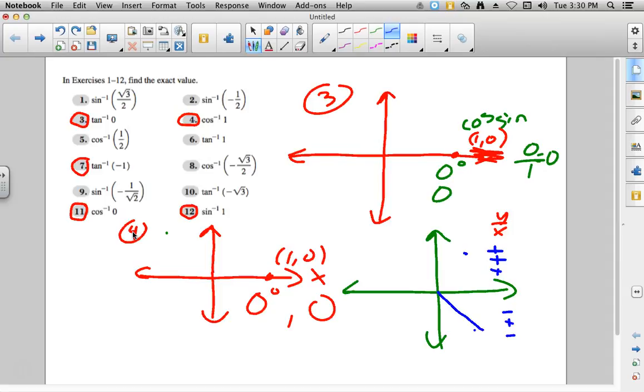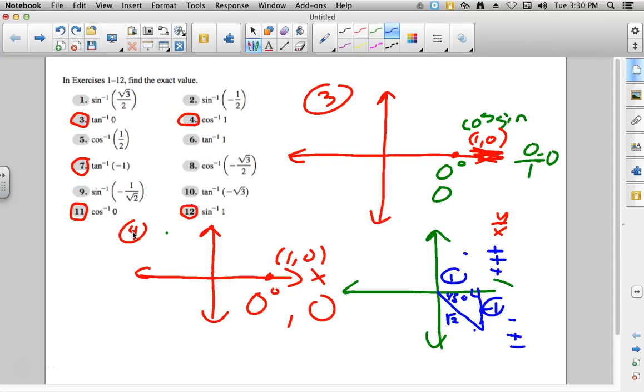So I draw my triangle, and I remember that we have 1s and square root of 2s when we're talking about 45, 45, 90. But of course, this vertical distance here is now a -1. Not really a distance, I should say, but the coordinate would be a -1. And so for this one, if they want us to find tangent, which is opposite over adjacent, we're going to have -1 over 1, and it will be -1.